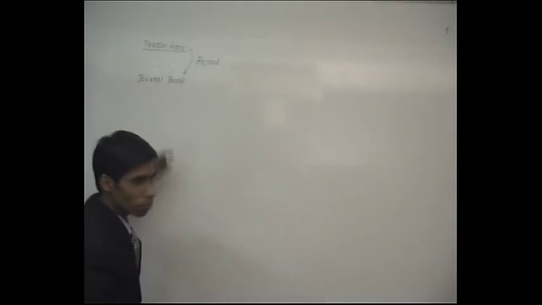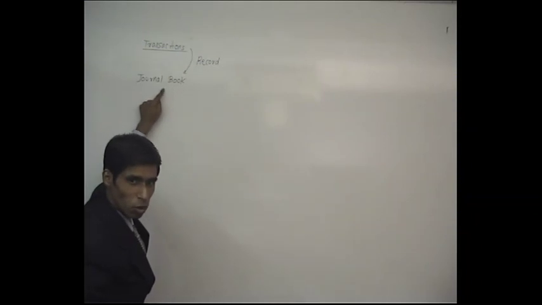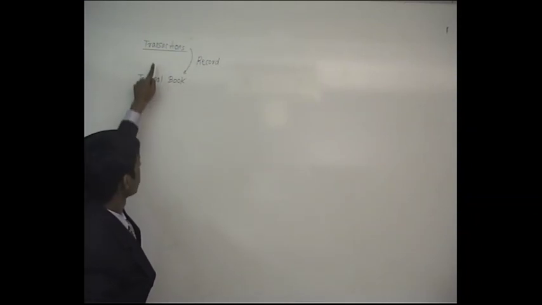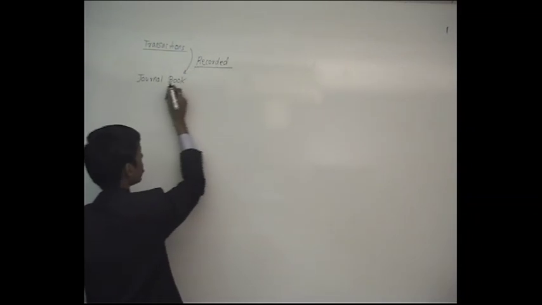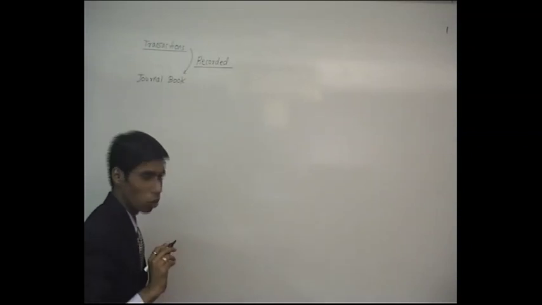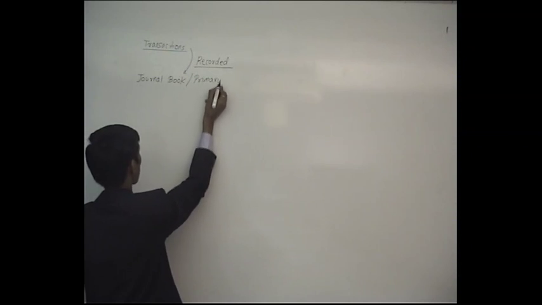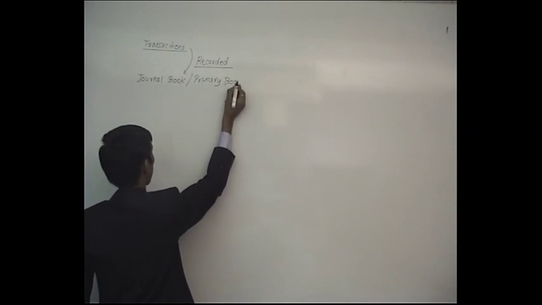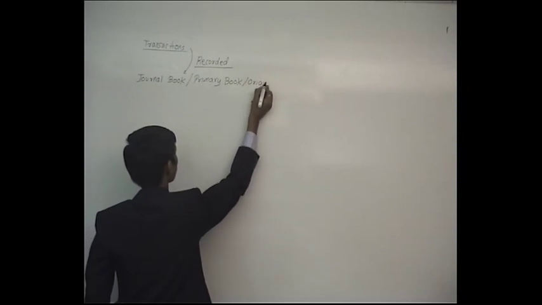It means transactions are recorded in which book? Journal book. Transactions are recorded in journal book. Therefore, journal is nothing but prime book, that is primary book, or you can say original book.